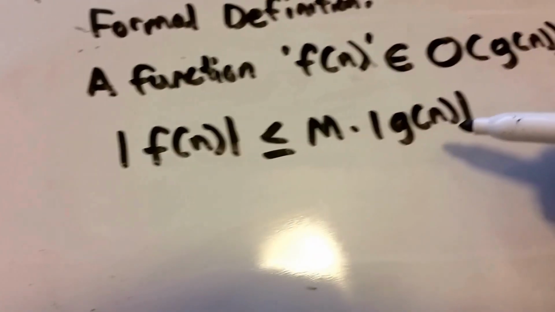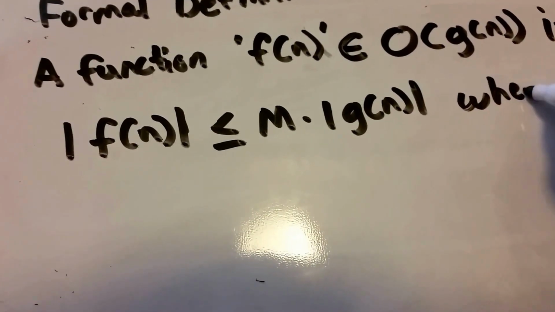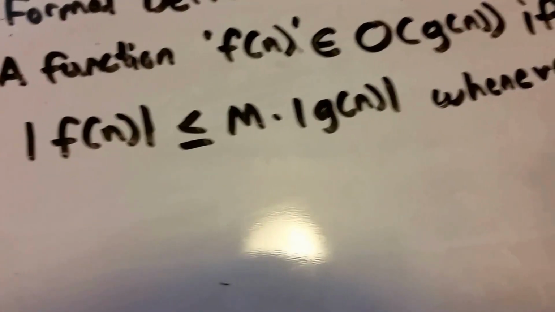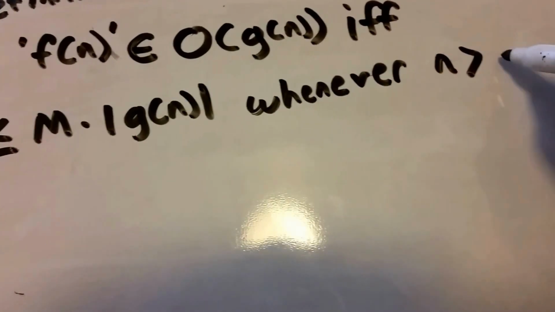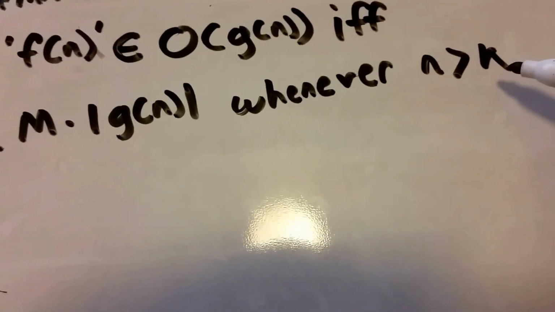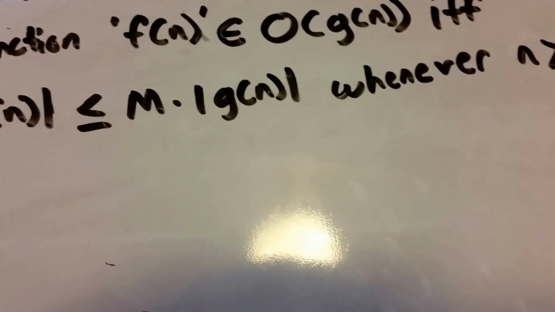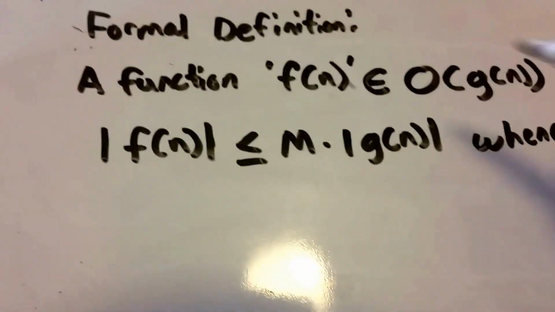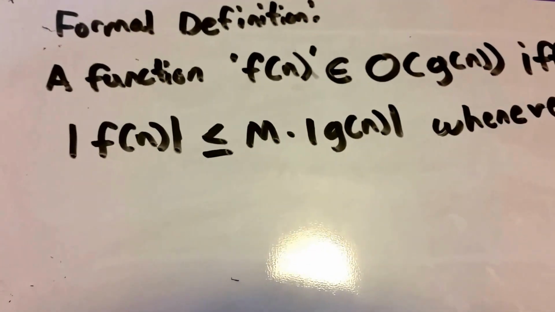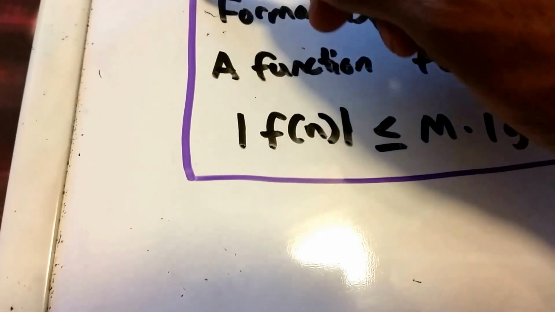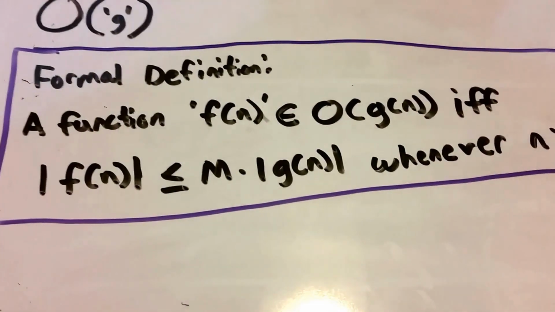So that means g of n is in the positive quadrant as well whenever n is greater than k. So k is also some positive constant. All right, so I'm just going to highlight that in purple here and put in a nice square or rectangle. So this is the formal definition of Big O.